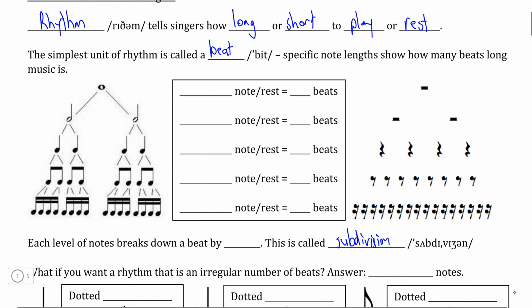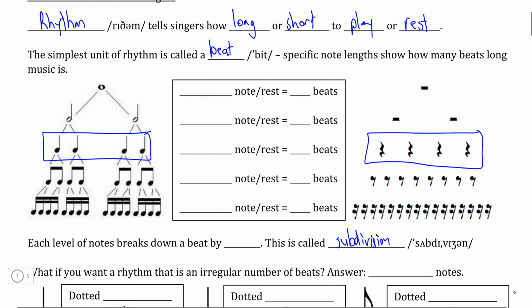Now, contrary to what might be intuitive, we actually aren't going to start all the way at the top. We're going to start right in the middle of each of these subdivision trees, because each of these systems, this note here and this rest here, normally represents one beat in the most common organization system.